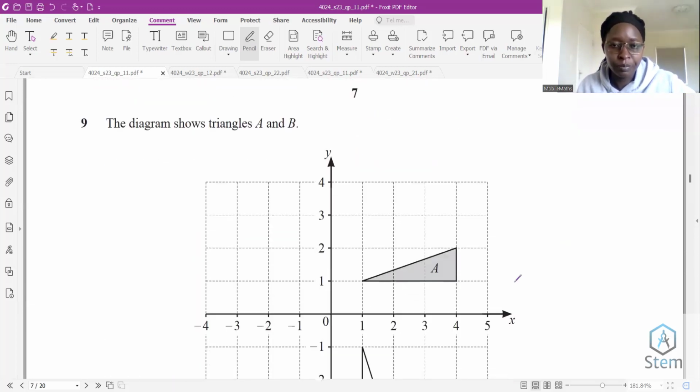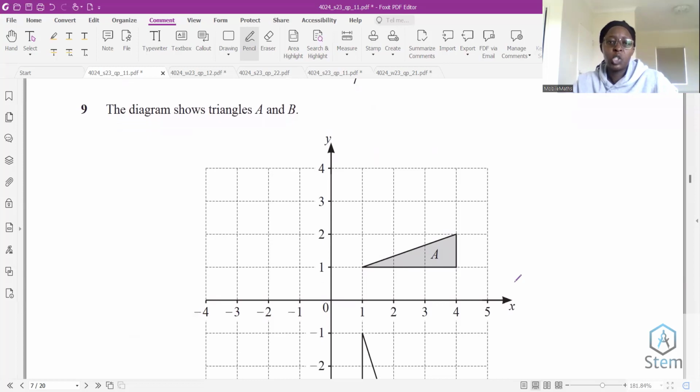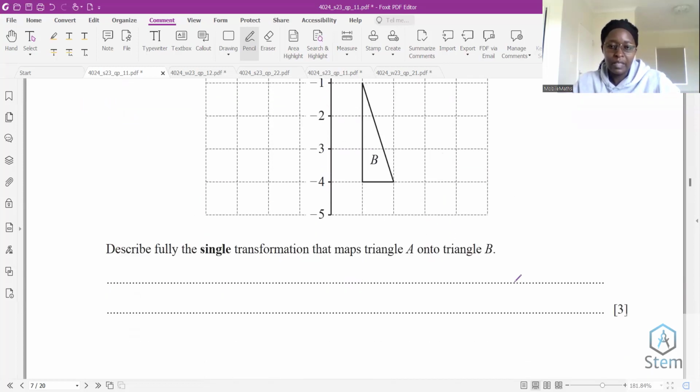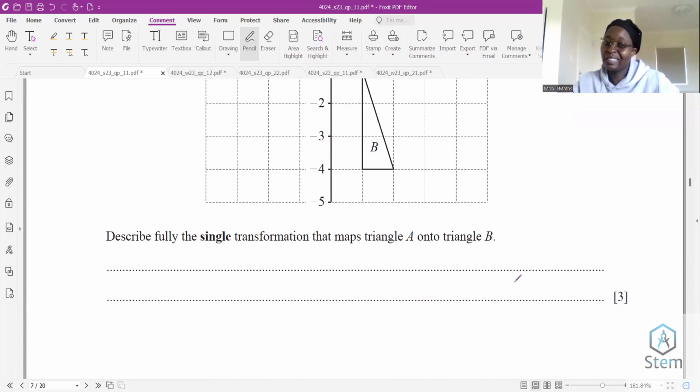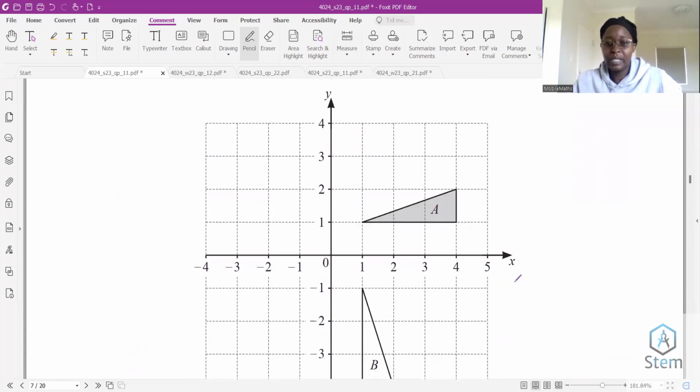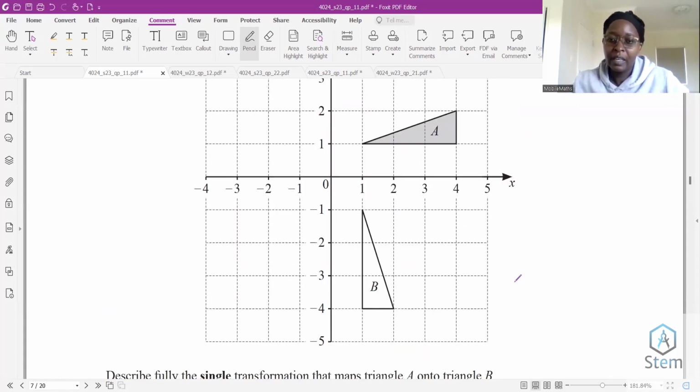Okay, let's move on. The diagram shows triangles A and B. They are saying describe the single transformation that maps A onto B. So basically, when I look at it, I can see if I rotate A like this, I'm going to move it like this.